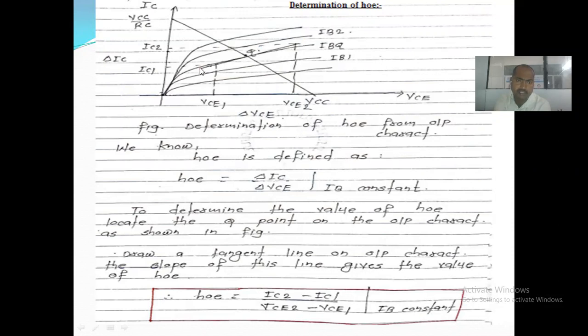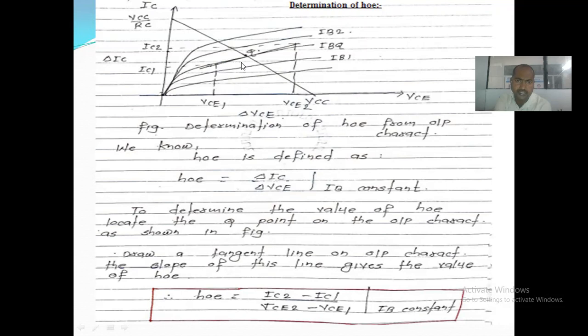At the same time, this is the tangent drawn through this Q point. We take the points of this tangent line, so the IC2, IC1 points and the IB2, IB1 points are required. We have taken the IC2 point up to the IBQ and the IC1 point up to this line, because VC1 is not going ahead.